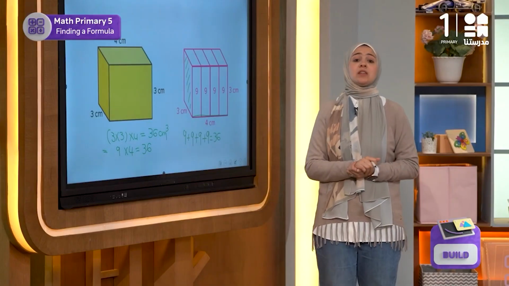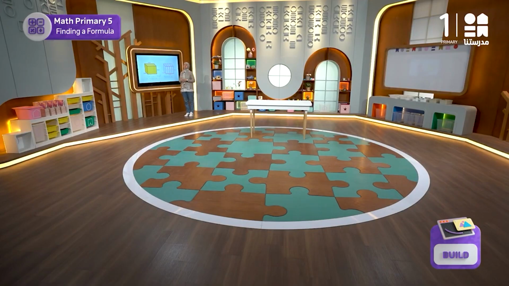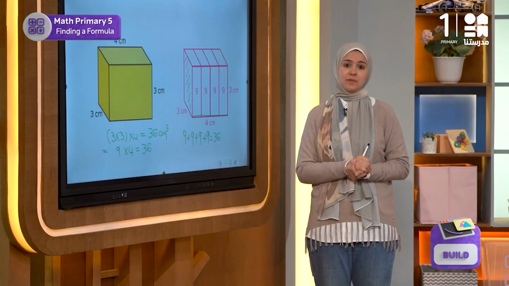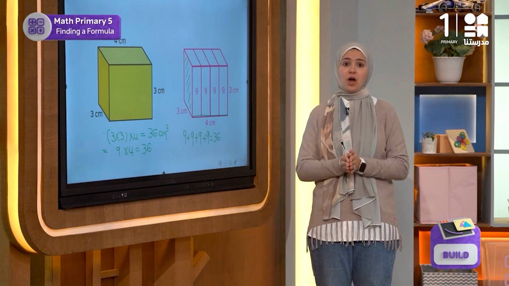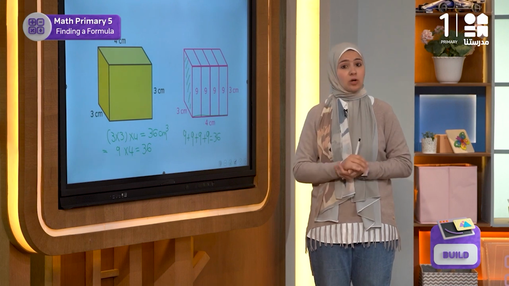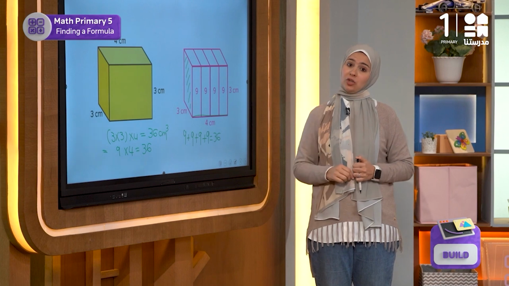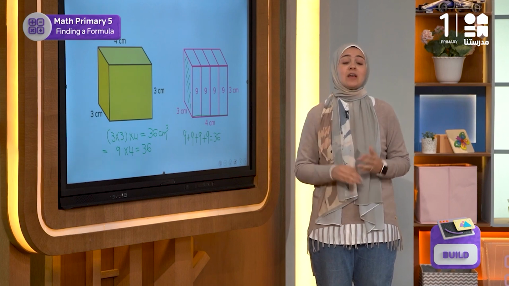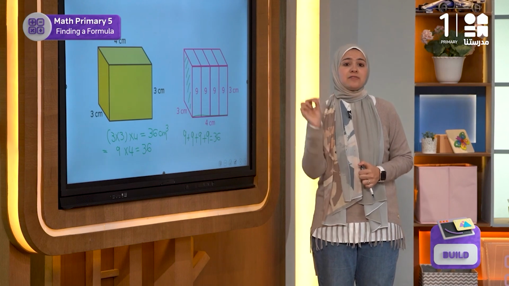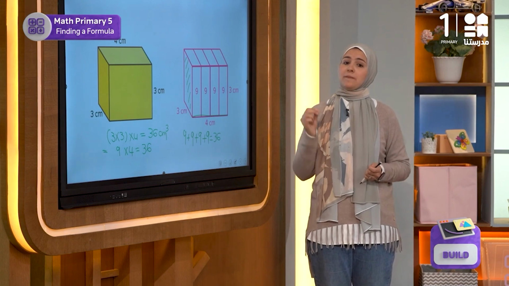Now, what did you notice in the equations of problem 2 and 3? When I asked my students this question, they said that they noticed in the 2 examples the following: that we can calculate the volume by multiplying the area of one face by the number of layers or slices. And this is a correct observation. I told them that the mathematicians use a formula to calculate the volume that we can indicate using the symbol V by multiplying the length by the width by the height.